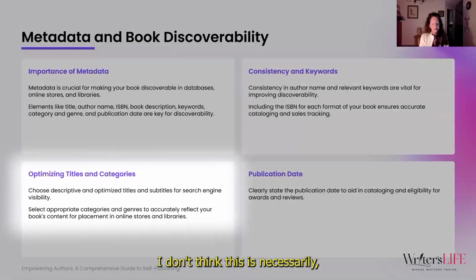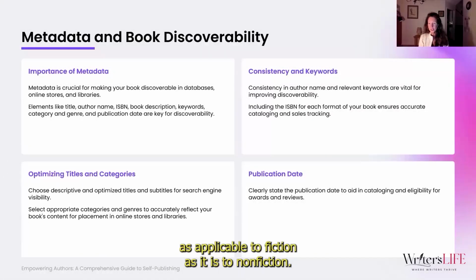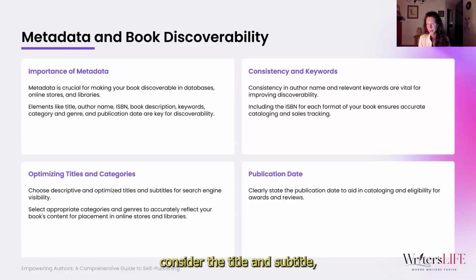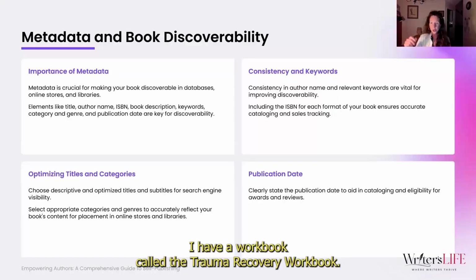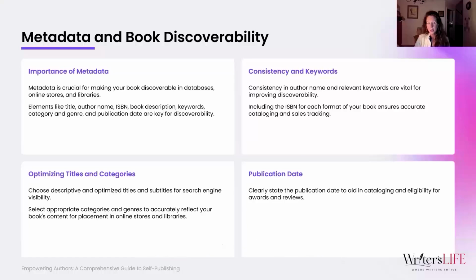I don't think this is necessarily as applicable to fiction as it is to nonfiction. For example, for my audience, I very carefully consider the title and subtitle because the metadata is very important. I have a workbook called the Trauma Recovery Workbook. That title is very clear what it's about. The subtitle is also very clear.